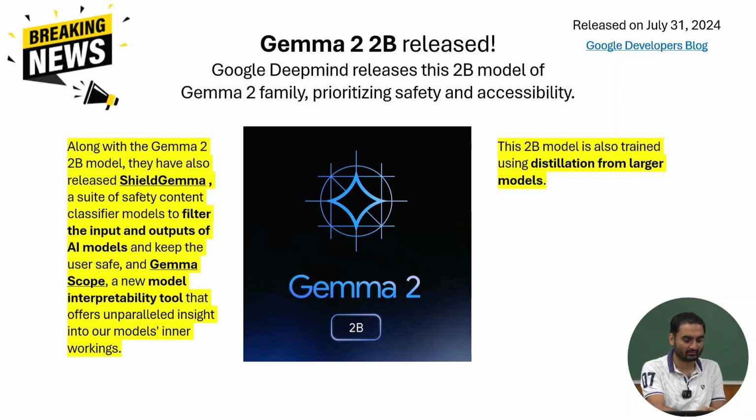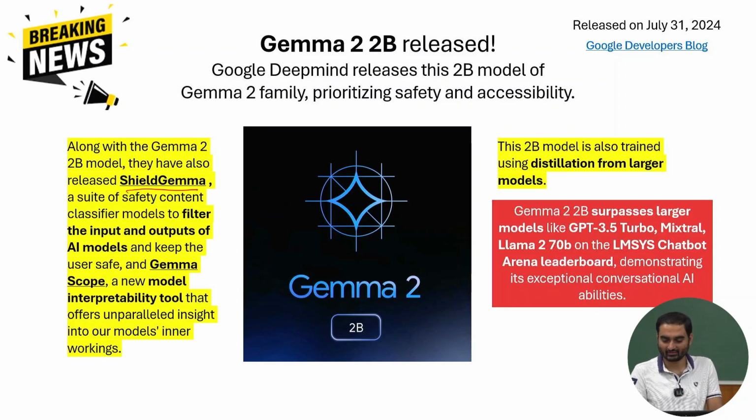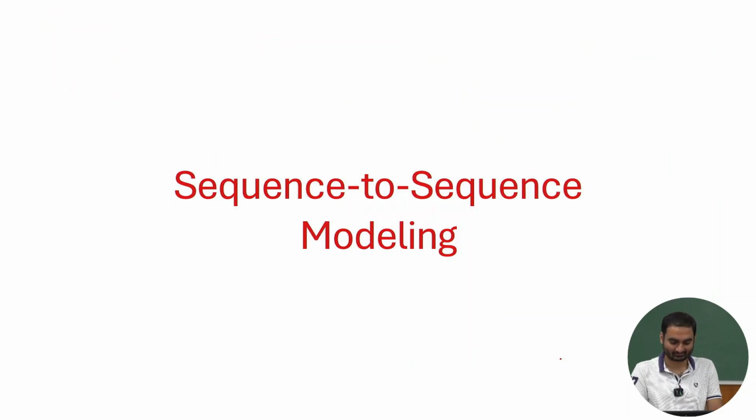So they also released this Shield Gemma, right, which is basically a suite of safety content classifier models to filter the input and outputs of AI models and keep the user safe. Okay, so you can use this. Gemma 2 billion already suppresses some of the larger models like GPT 3.5 Turbo, Mixtral. Mixtral is different model, by the way. Okay, don't mix up with Mistral. Llama 2 70 billion, and then other models also.